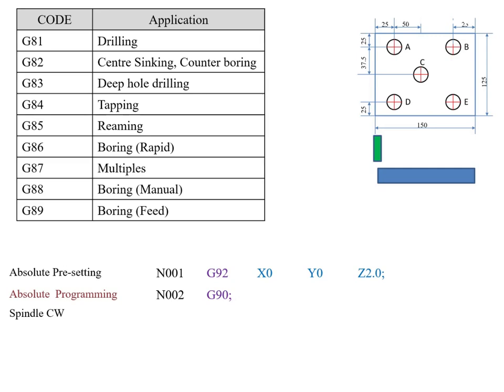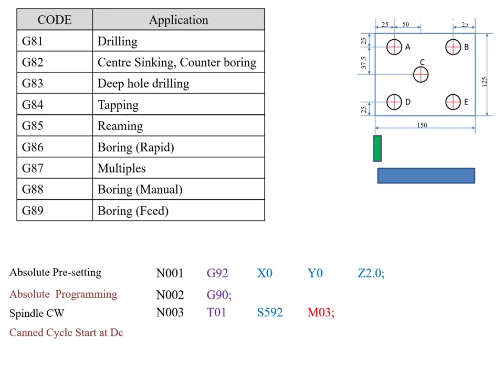Let us consider 592 is the given RPM. So S592 and M03 are the codes for the spindle speed and rotating the spindle clockwise. So my next block is N003, T01, S592, M03.